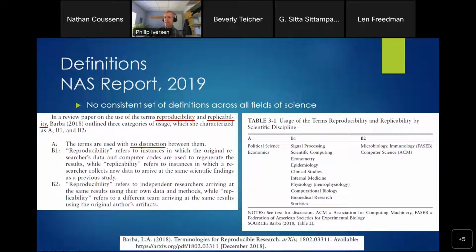Version A is no distinction between the terms, but notice in the table on the right, this paper found that type of usage in political science and economics.